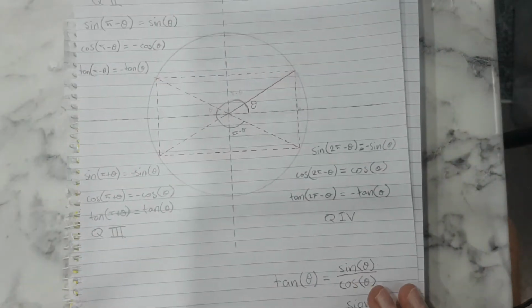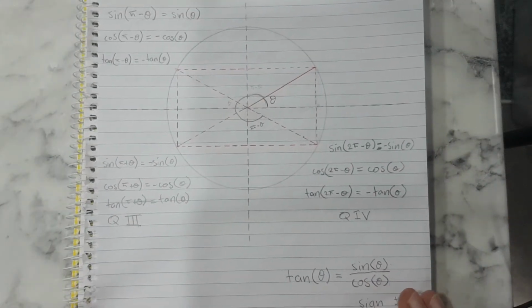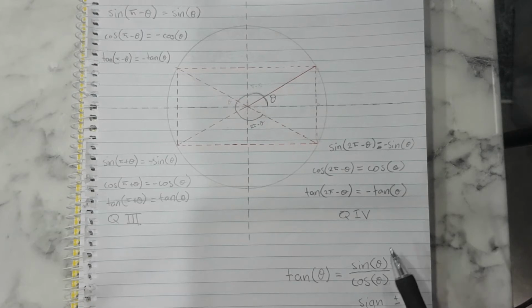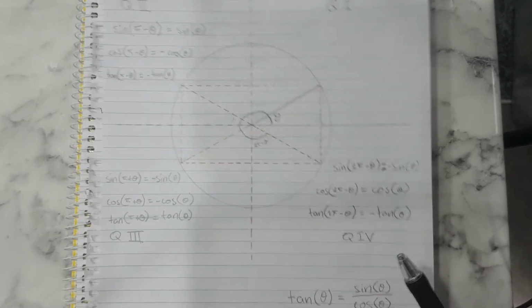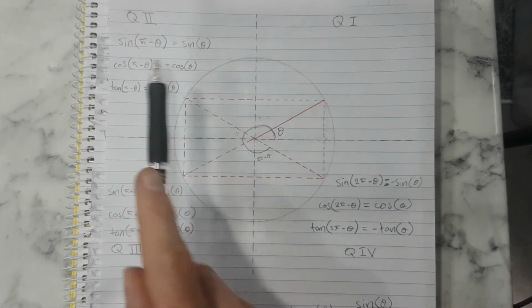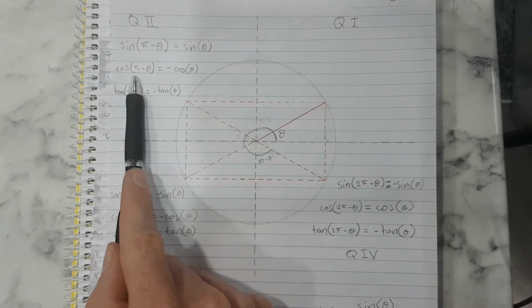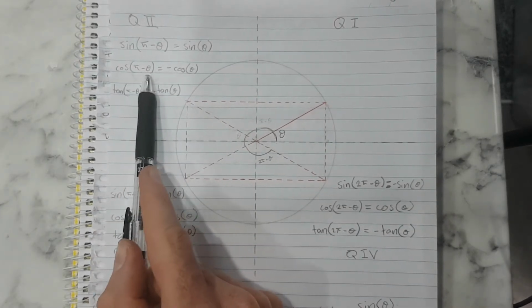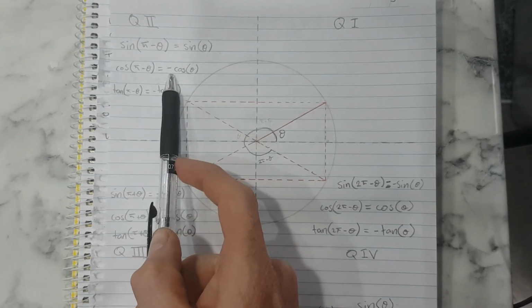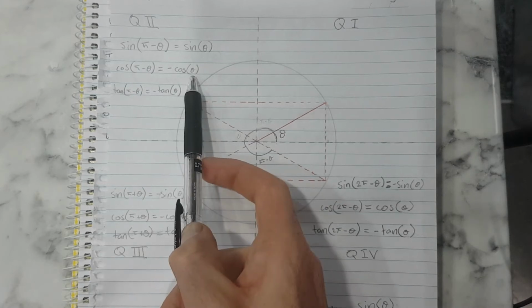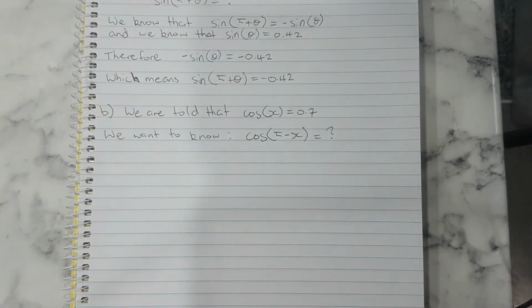Again, we go back to our little list of relationships. We've got cosine pi minus some angle, and we have a look around and we see that is here. So cosine pi minus theta, cosine pi minus some angle, is always equal to minus cosine theta. So let's write that one down again as well.